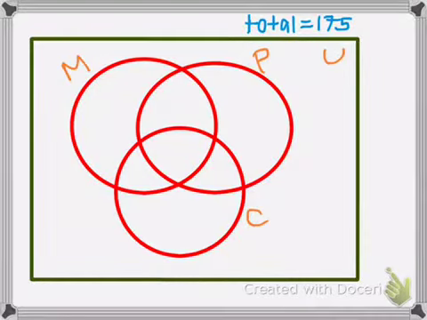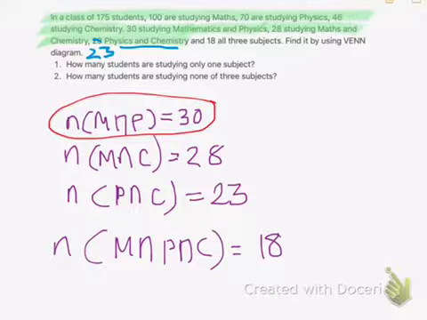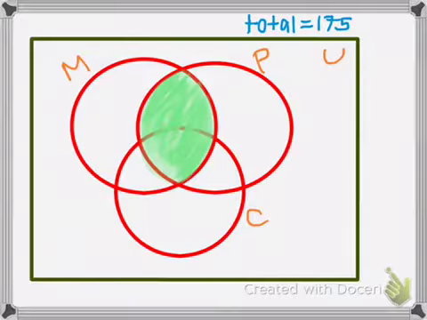Now let me first write 18 over here. This part represents the students studying all three subjects. This is the intersection for all three subjects. For maths and physics, students studying both maths and physics is 30. So while representing it in the Venn diagram, it is this green part over here which is 30.